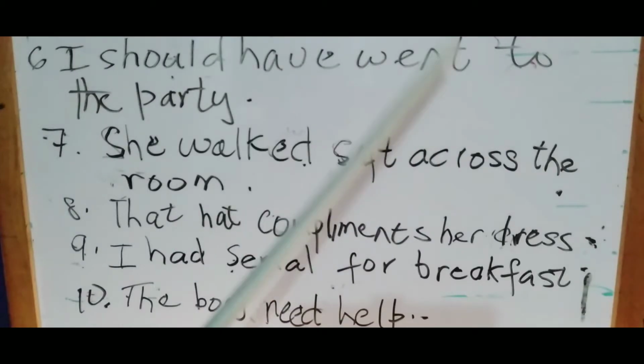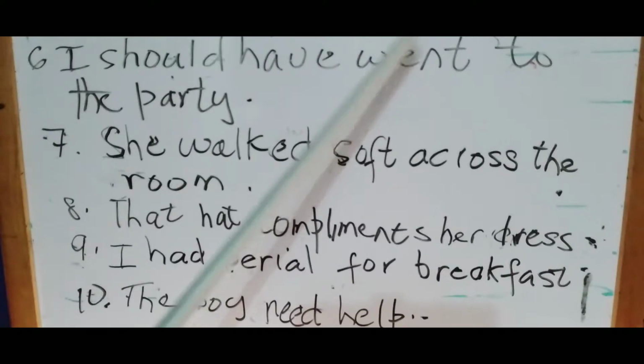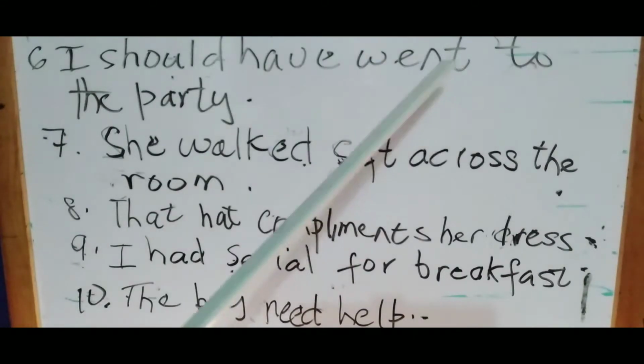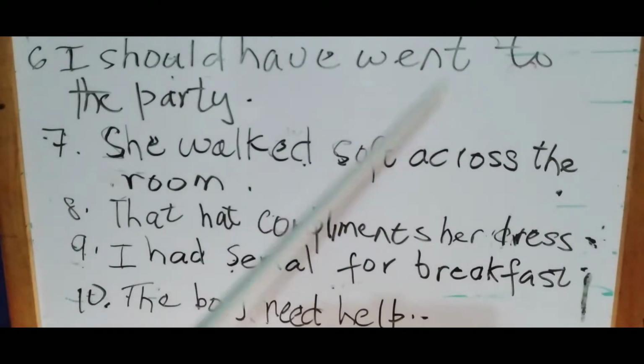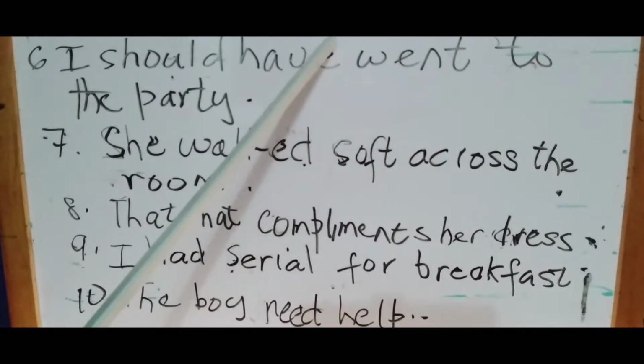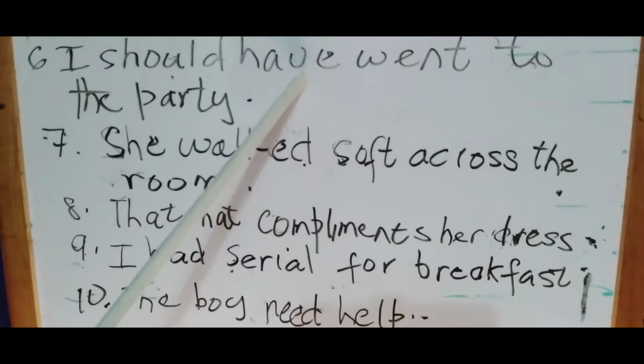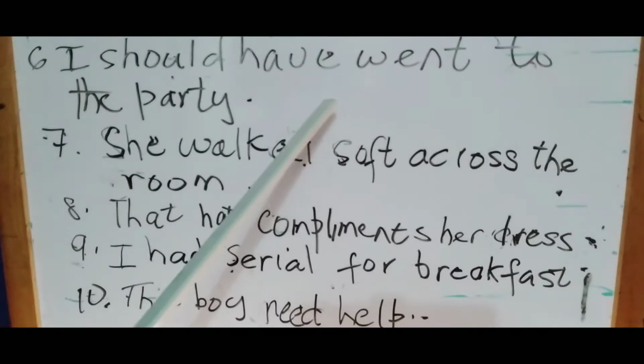So the verb go has 3 forms. The present form is go. Went is past, meaning it happened already. And then you have what we call the past participle, which would be gone. So whenever you have a helping verb like have coming in front, then you have to use the past participle.